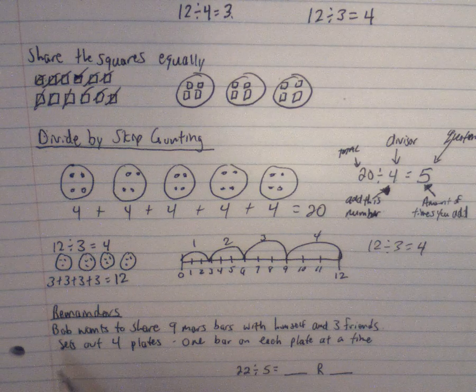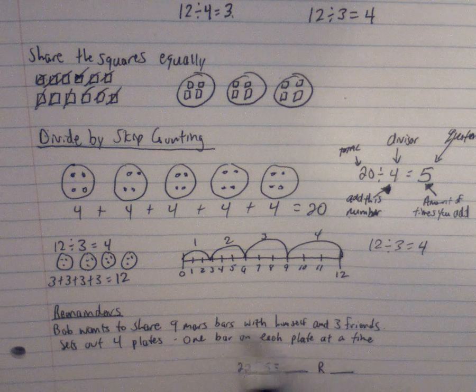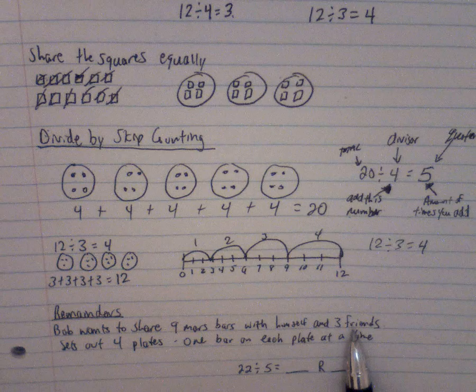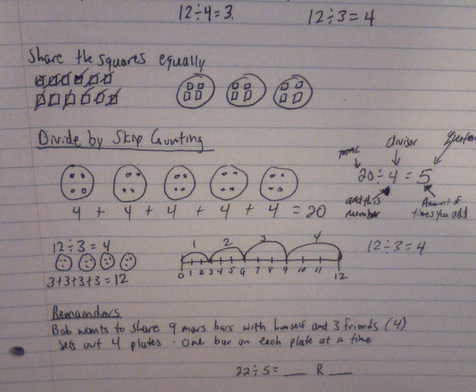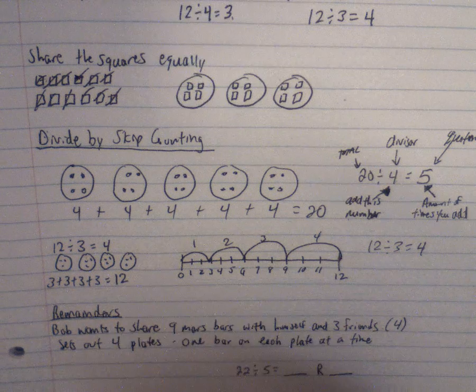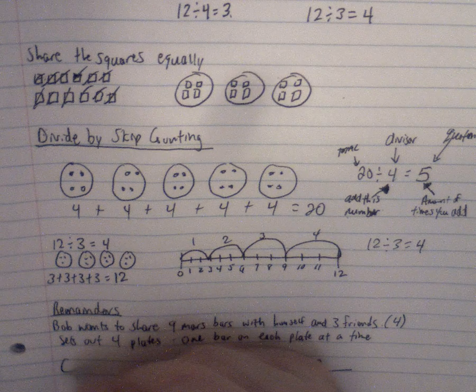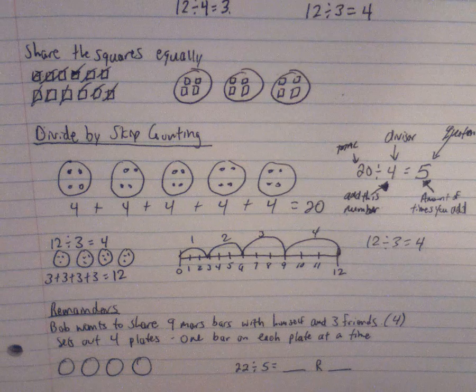All right, so let's take a look. Bob wants to share 9 Mars bars with himself and 3 friends. So how many people are there altogether? 4, and he has 9 Mars bars. Bob sets out 4 plates. 1, 2, 3, 4.